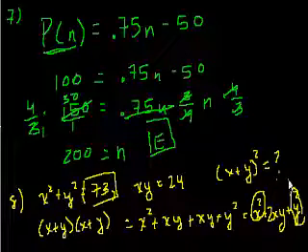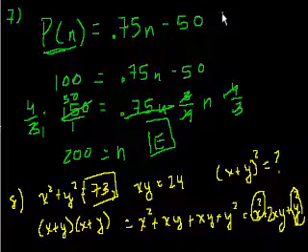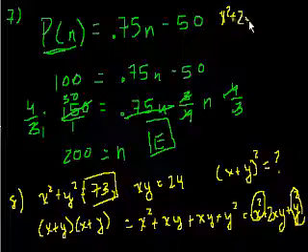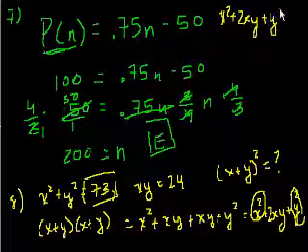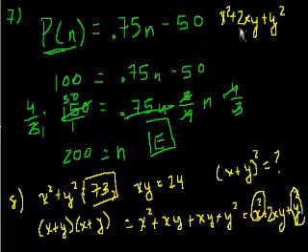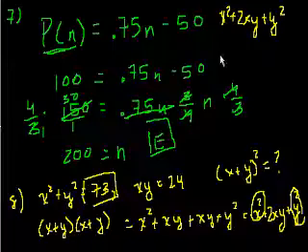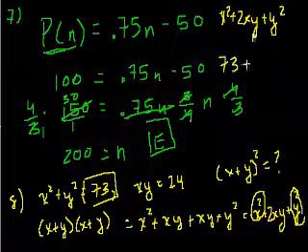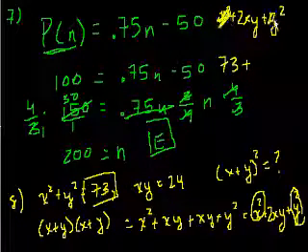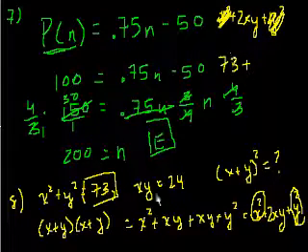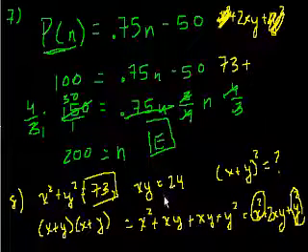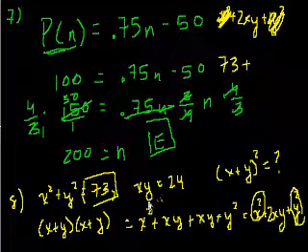Let me write it up here. So we have x squared plus 2xy plus y squared. So these two terms are 73. So we have 73 plus 2xy. Well, we know xy is equal to 24, right?